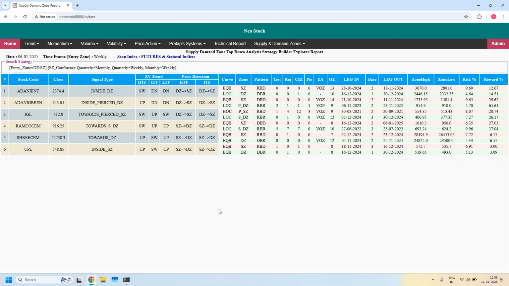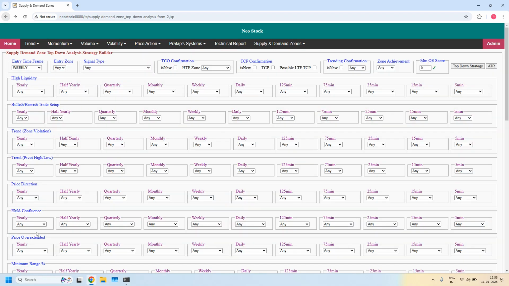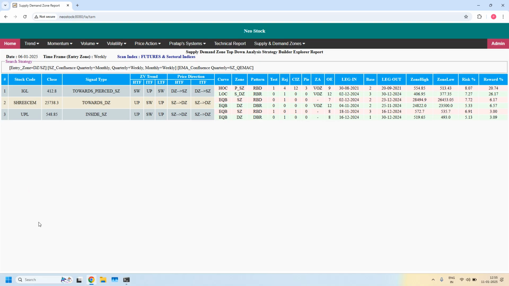Okay, out of these 6 stocks, because the weekly and monthly together are part of the quarterly, let us verify how many quarterly supply zones are having quarterly EMA confluence from this list. So in the EMA confluence, at quarterly time frame, I am setting the filter quarterly supply zone having quarterly EMA confluence, and now we got 3 stocks. These are the more high probability trade setups.